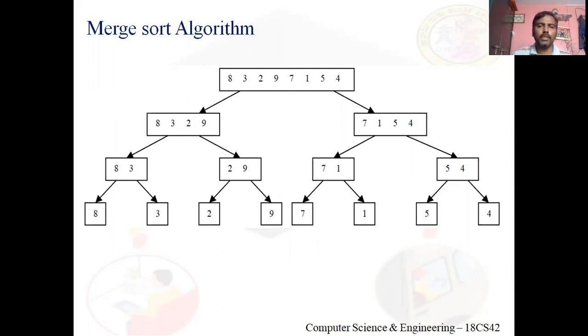So the elements at indices 0 to 3 are one part, the left node of the second level. 8 is at index 0, 3 is at index 1, 2 is at index 2, 9 is at index 3. So in this first top, low is 0 and I is 3. Clear?